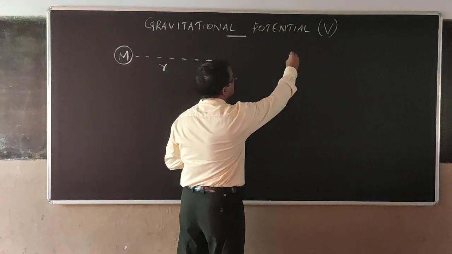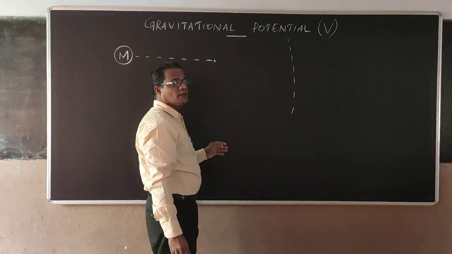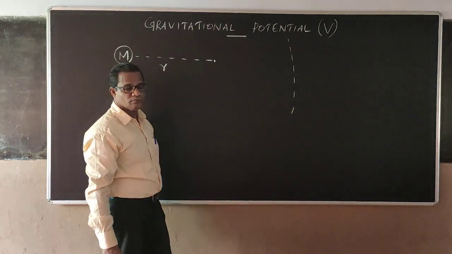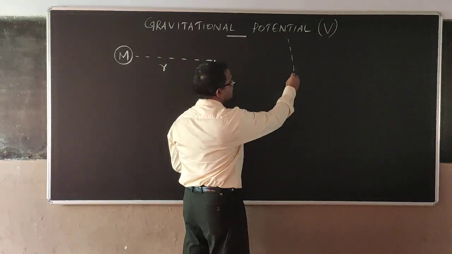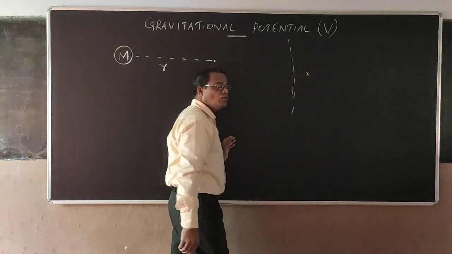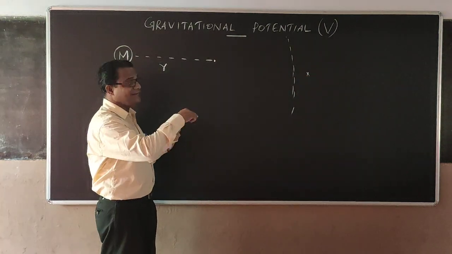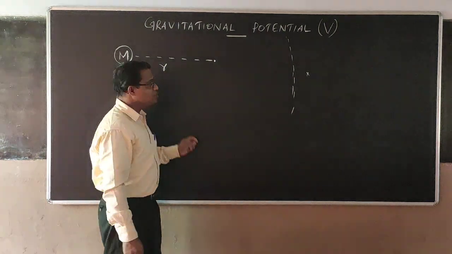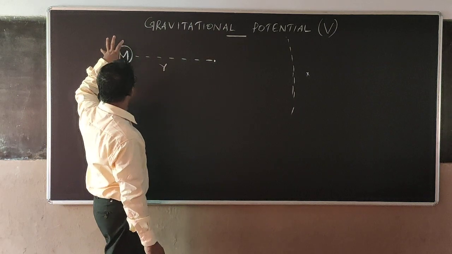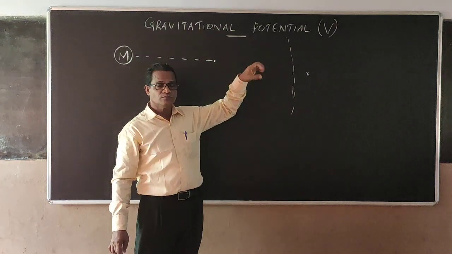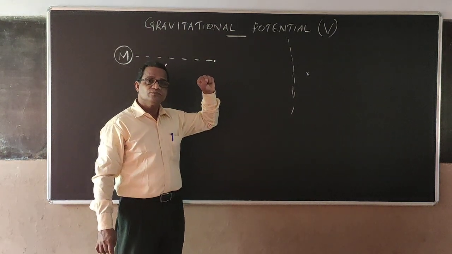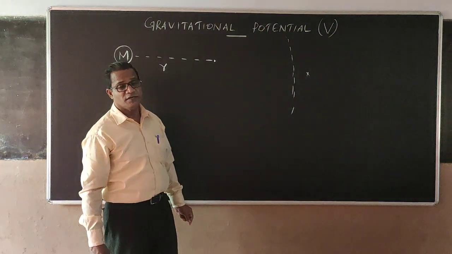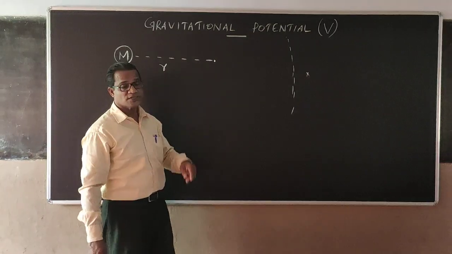Now suppose that this is the boundary of this capital M, the field boundary. Then any point outside this boundary is called a point at infinity of this mass, because at those points you don't have the influence of this M. So these points over here are points at infinity as far as the M is concerned.